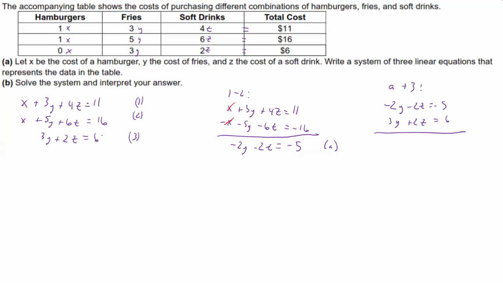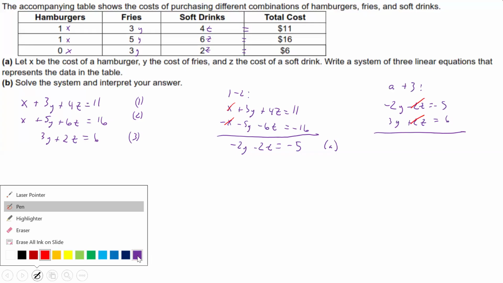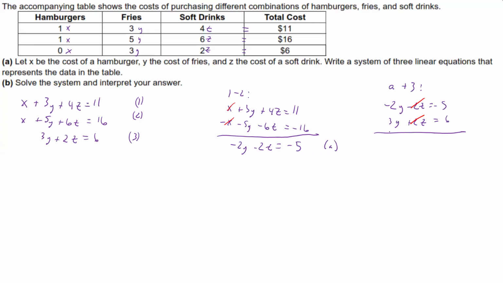We do this to do specific things like get rid of the z's. Now minus 2y plus 3y is just y, and 6 minus 5 is 1. So now we've got y.